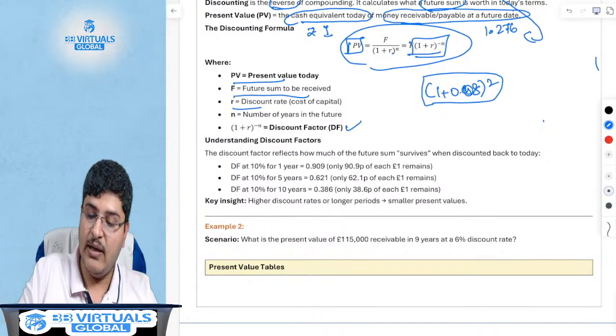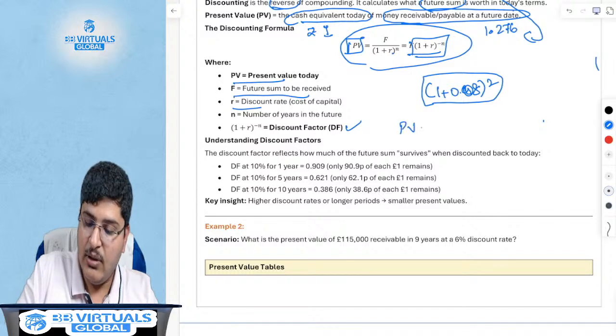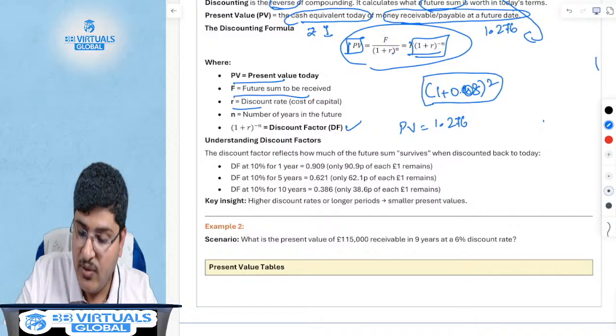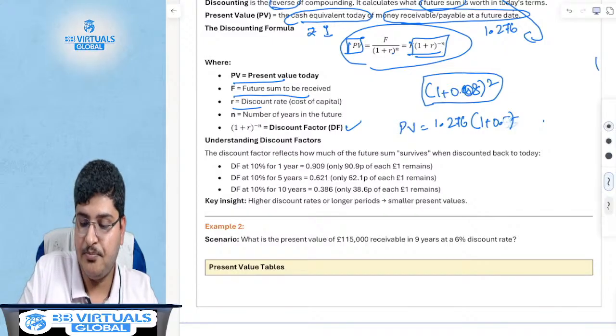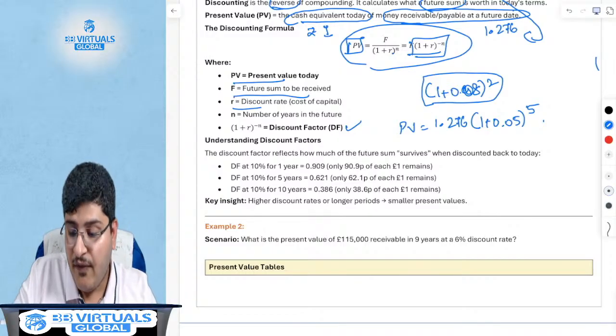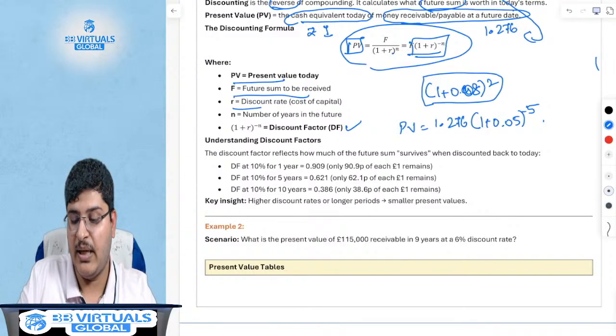So what is the discounting factor? The present value, if I was to receive 1.276 five years hence, if I was to discount it using 5% for 5 years, this is minus 5.